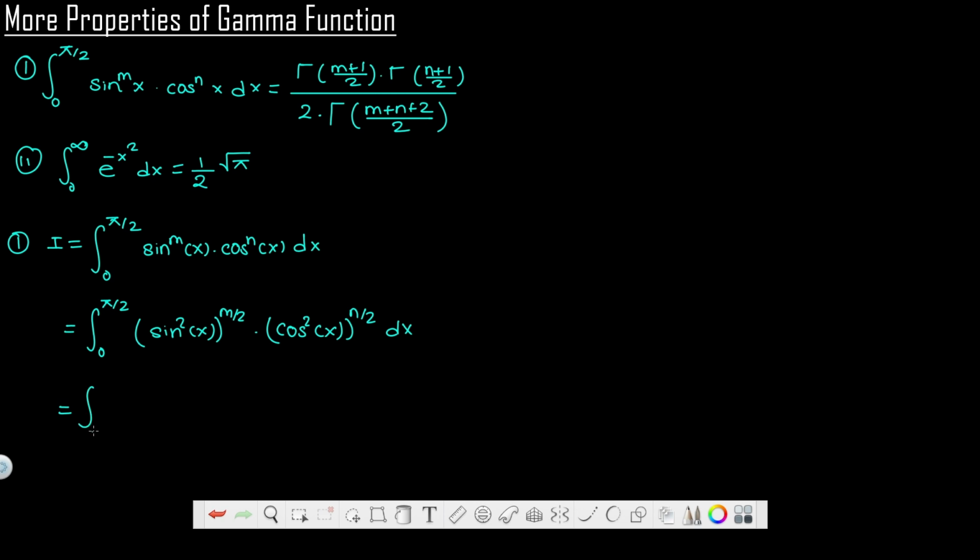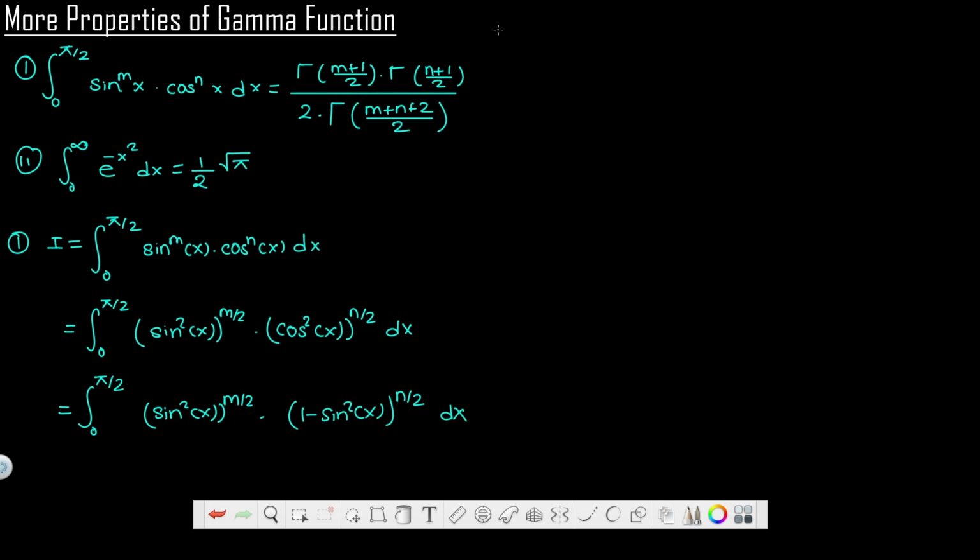This equals the integral from 0 to pi over 2 of sine square x whole power m by 2 times, and since cos square x is 1 minus sine square x, 1 minus sine square x whole power n by 2 dx.